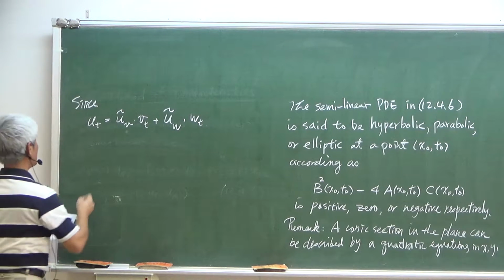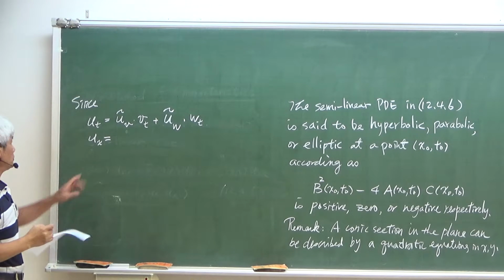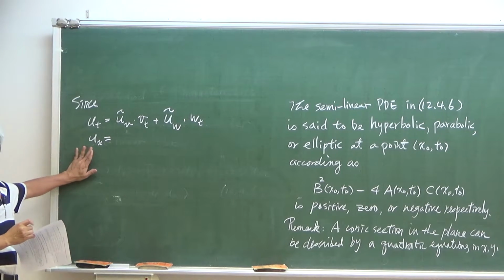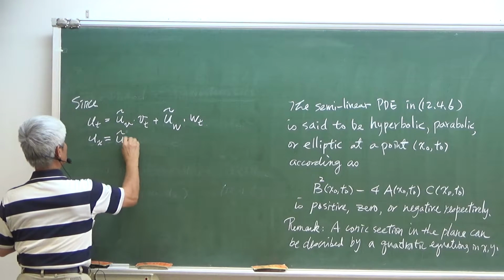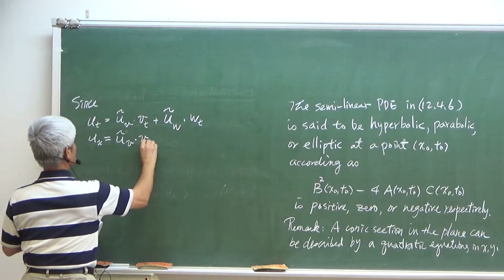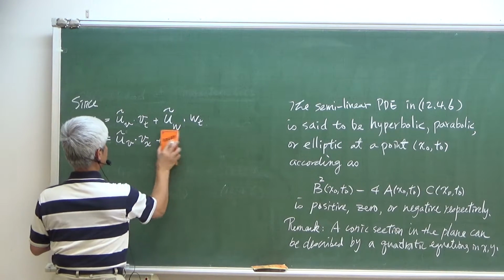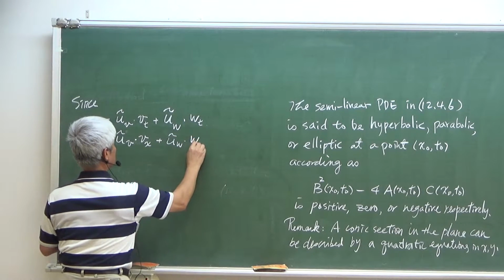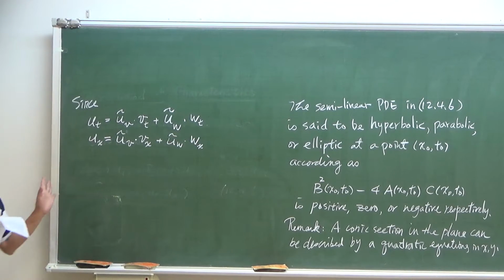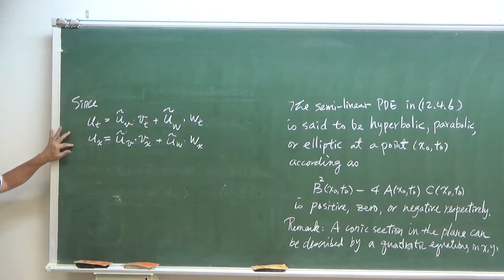And u_x, the first partial derivative of u with respect to x, we have u tilde sub v times v_x plus u tilde sub w times w_x. So this is the second one. Any questions about the chain rule?